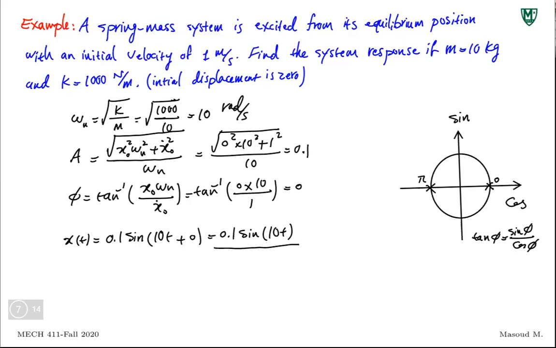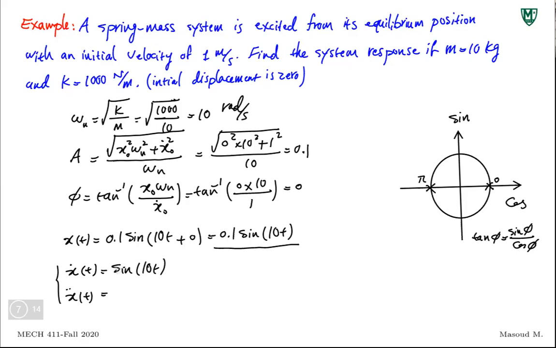Now, what if I ask you what the velocity for this system is, what x dot of t is, or what the acceleration of this system is? You just easily take the derivative with respect to time, right? If I take one derivative of 0.1 sine 10t, 10 comes out, 10 times 0.1 is just 1, so it becomes sine 10t.